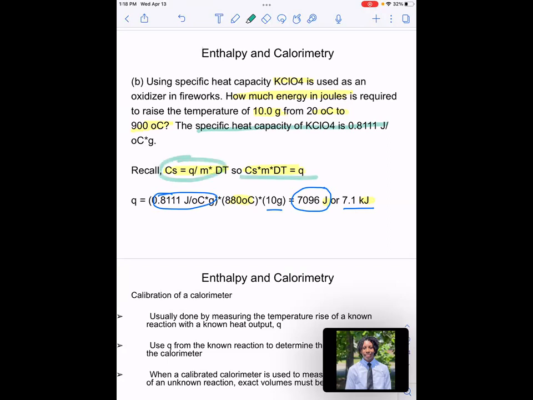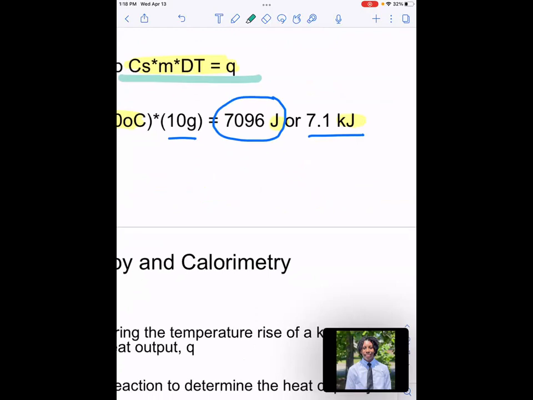Here's the manipulation to find Q. And so this is just a matter of understanding what delta T is, which is the change in temperature from 20 to 900. And then what is Q, which is given, C S, which is given, and then the mass, right? So it's 7,096 joules or 7.1 kilojoules.